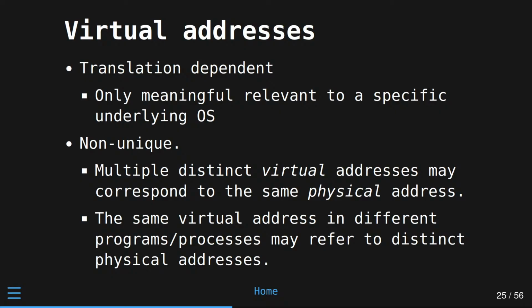And even if they were the same numerical patterns, for example, if you were doing everything by offsets, they would still correspond to distinct physical addresses once the OS translates them from the internal namespace of the executable to the physical reference of the SSD. They are non-unique.